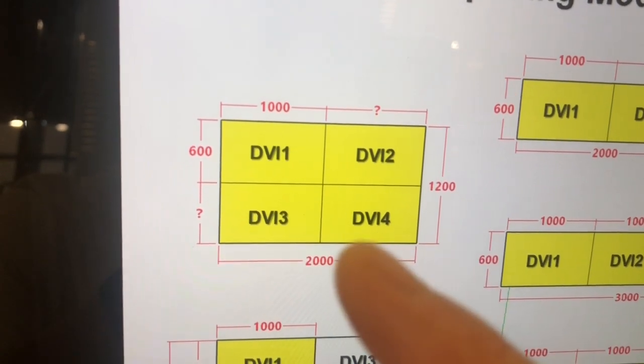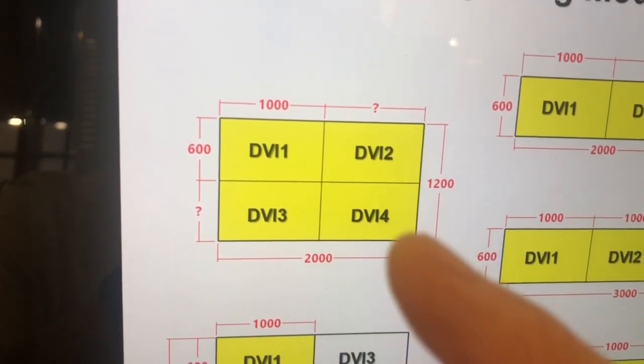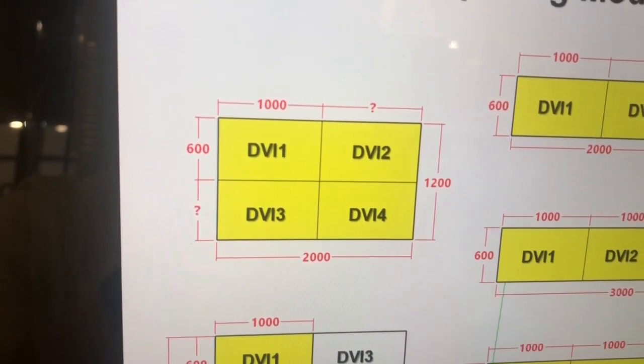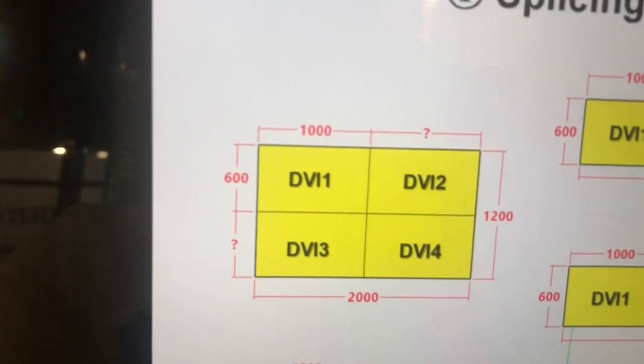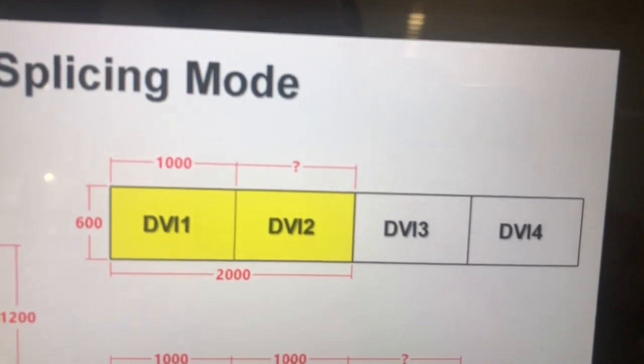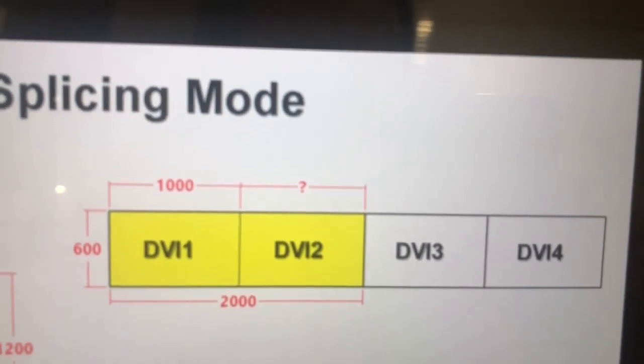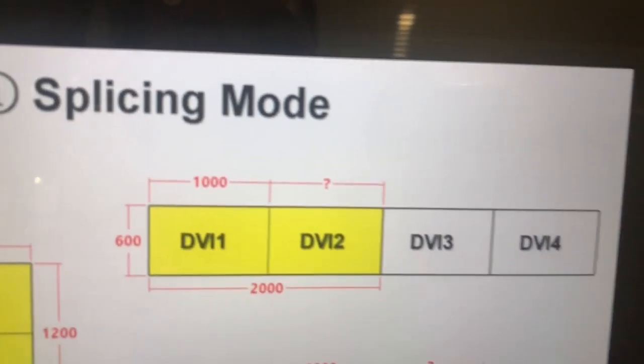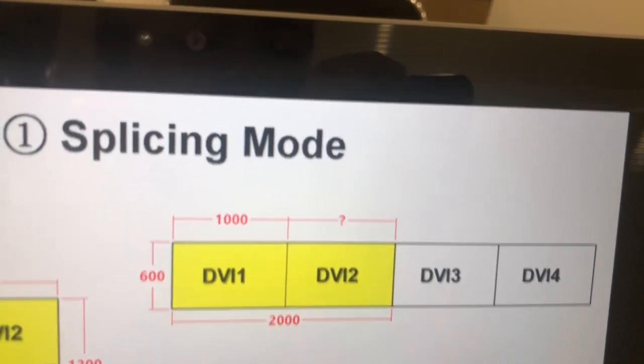The last one, device 4: the width is 1000, the height is 600. Okay, that's the logic.